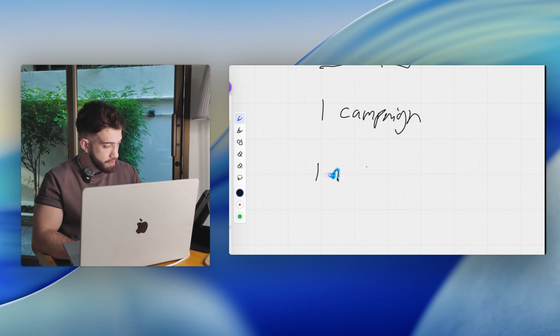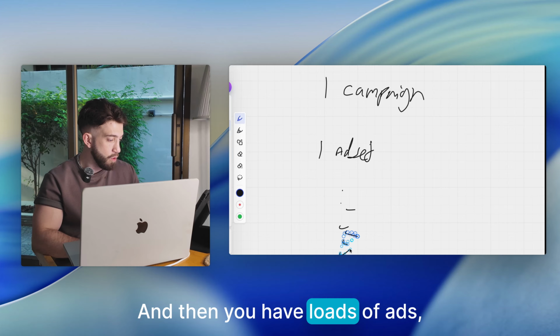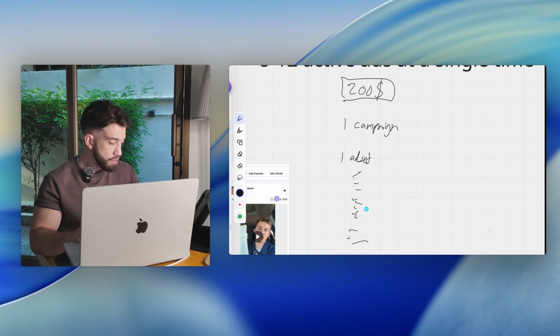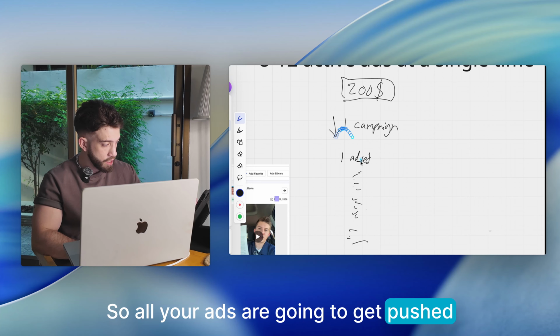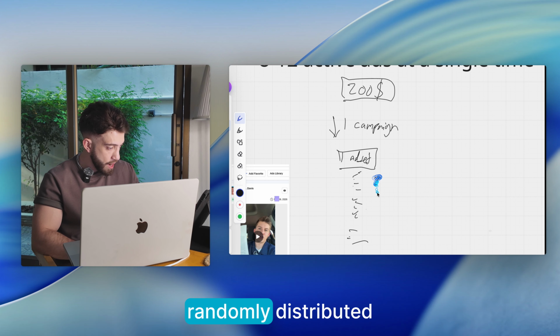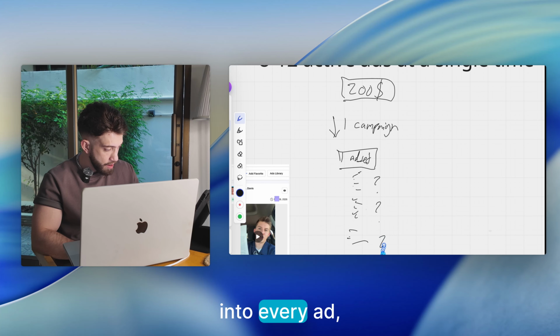They have one ad set, and then they have loads of ads, right? Loads of ads. So all your ads are going to get pushed into this one ad set. All that spend is now going to be randomly distributed into every ad.